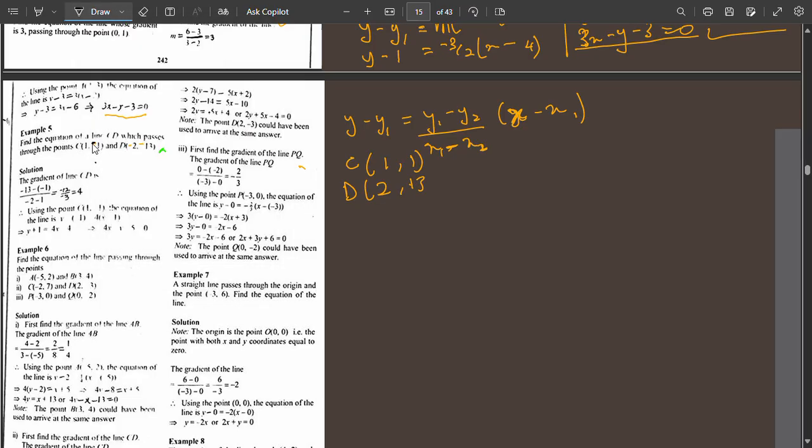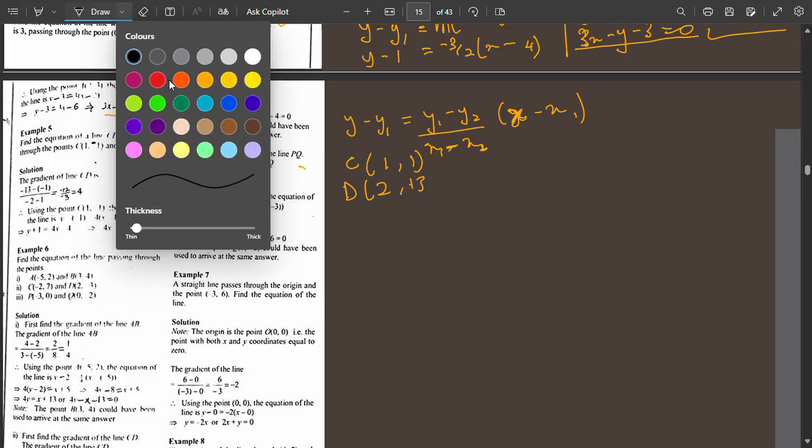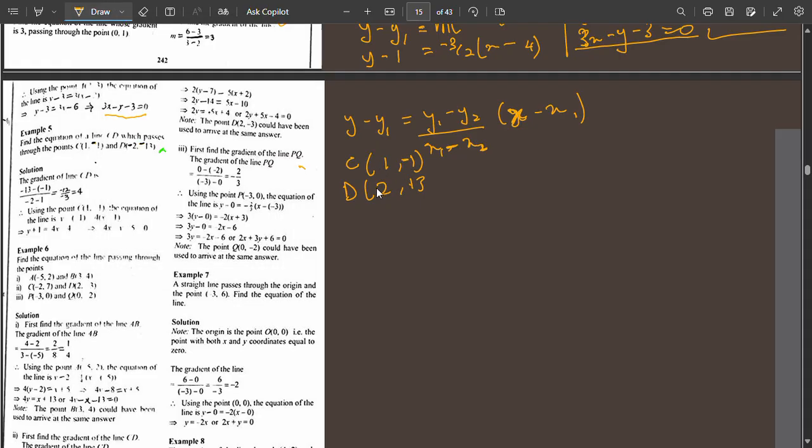This is minus 1, this is minus 2, this is minus 13. So yes, those are the points. If you can't see, use the textbook. These are the points.